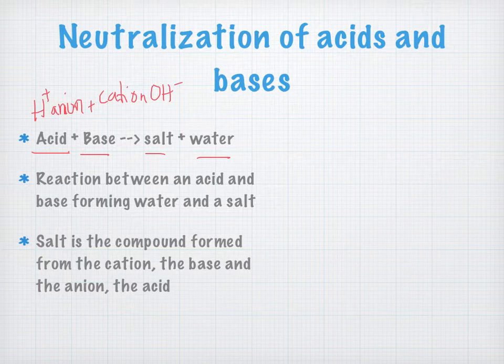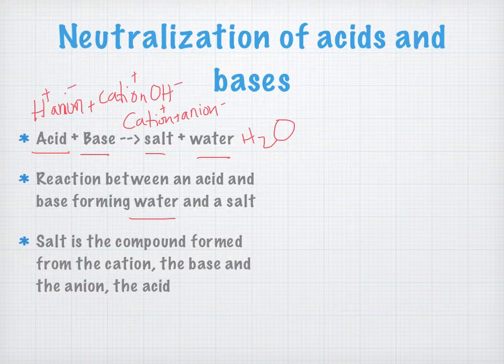Because my cation is positively charged, my anion is negatively charged. Then it will give me my salt, which is a combination of my cation and my anion, and H2O. So they'll always form water and a salt. The salt is my cation and my anion from my base and acid.